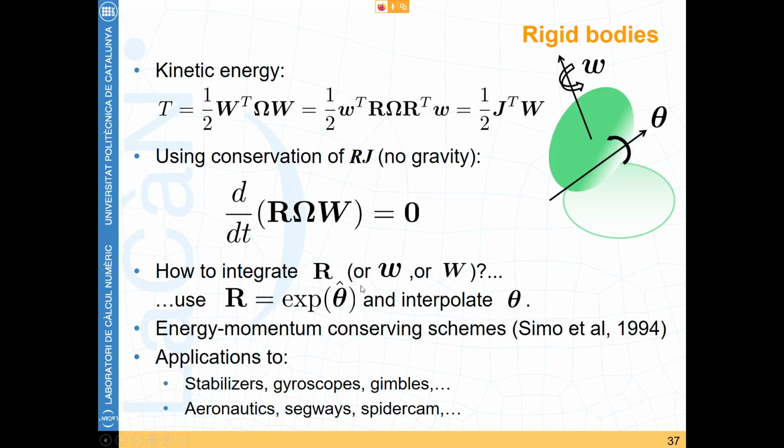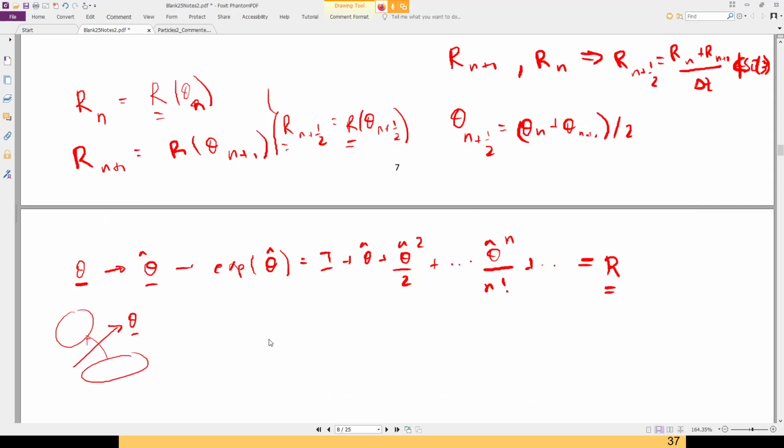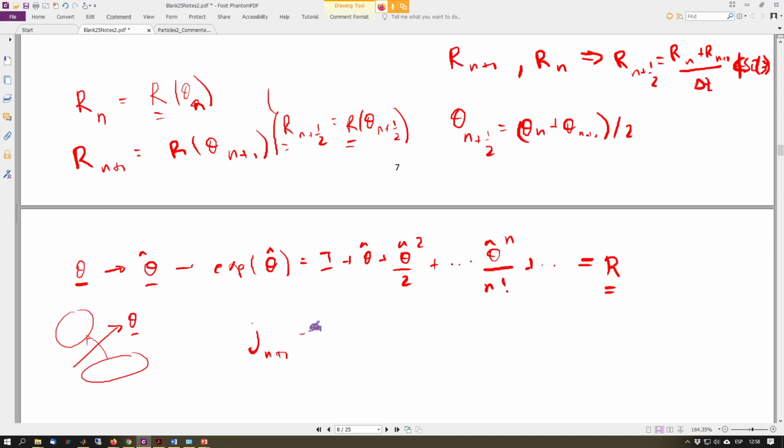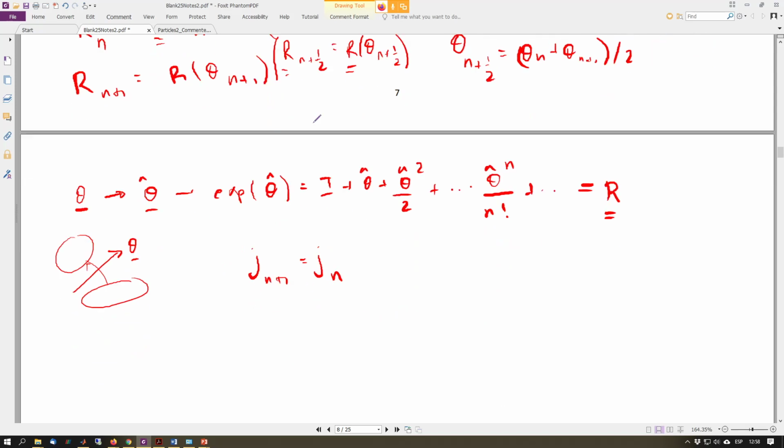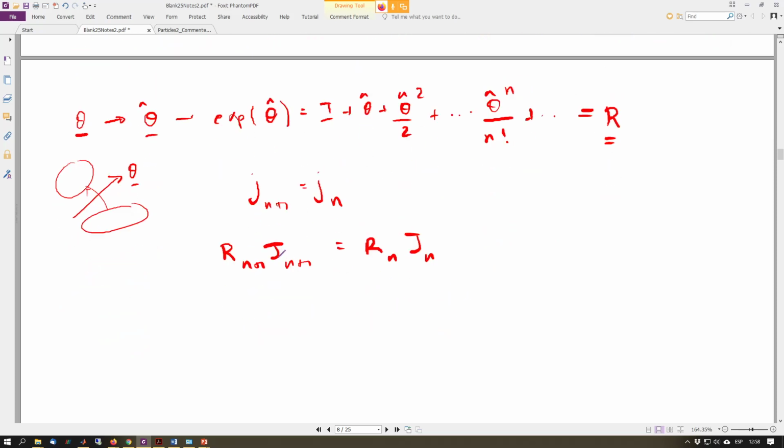Just to indicate that there are also time-stepping algorithms that conserve energy and angular momentum, which means that my j at n plus 1 is equal to j at n. Said otherwise, my r n plus 1 by capital J, measured in that way, is equal to the same that I had at time n, in the body frame, and this j is inertia times omega.